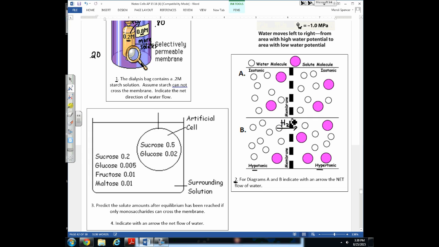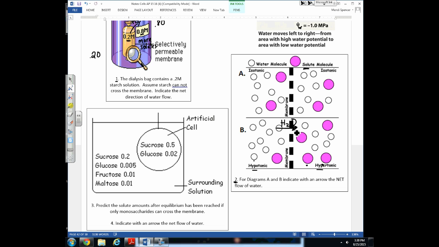You could have also applied the rule that solutes suck, and you can see from the key here, the big circles are the solutes, and there is a greater concentration of solutes on this side compared to this first side. So again, water goes to where there's more solutes, so it's moving in that direction. And then you could even look at it from a water standpoint, and we have a higher concentration of water over here.